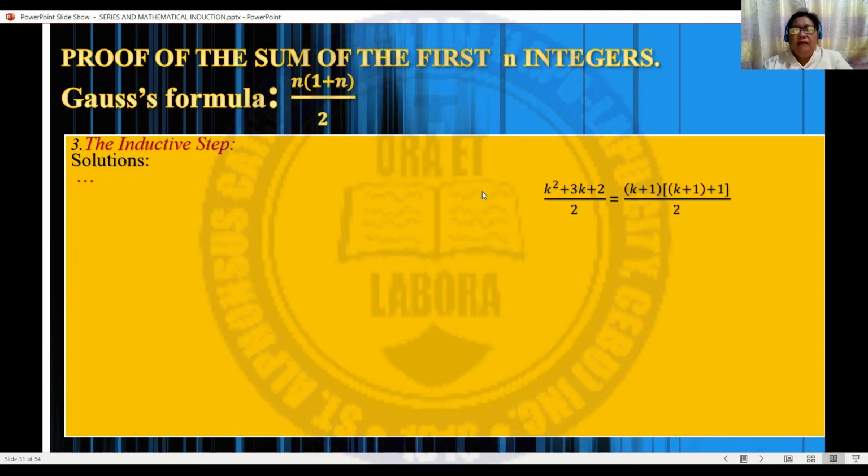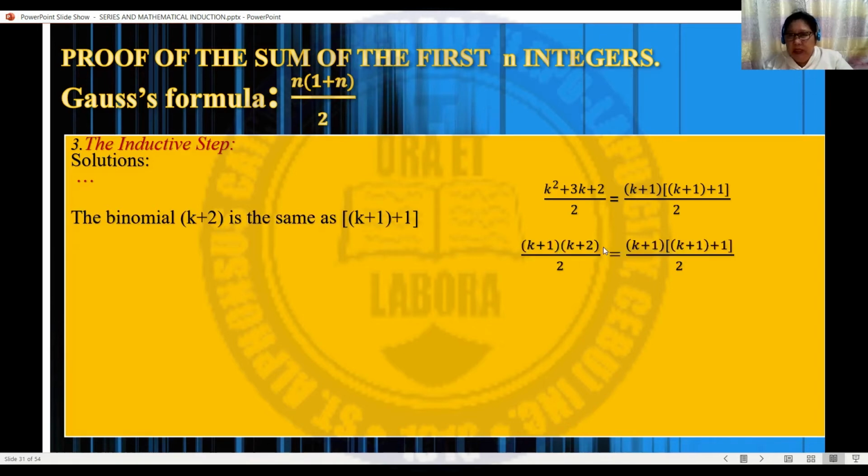And then we have to factor k squared plus 3k plus 2. So one of the factors is k plus 2, and the other factor is k plus 1 over 2. Now the k plus 2 can be equated into k plus 1 plus 1, so just separate 2 into 1 and 1.